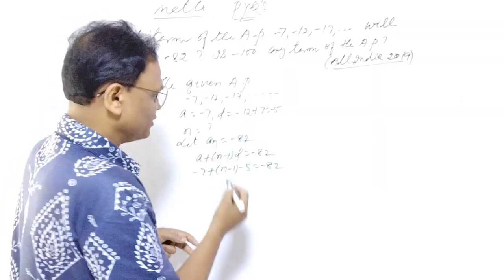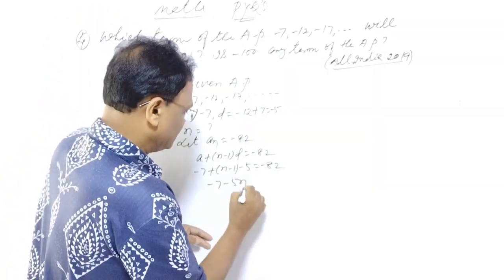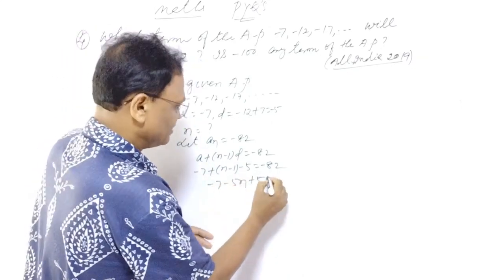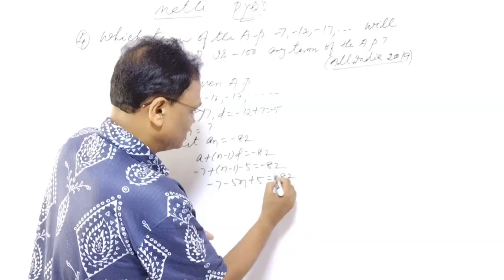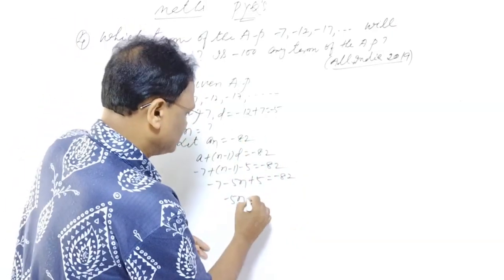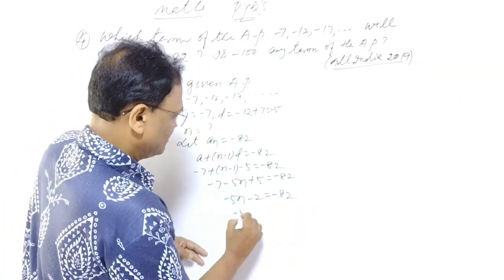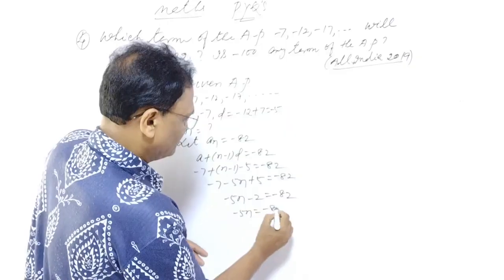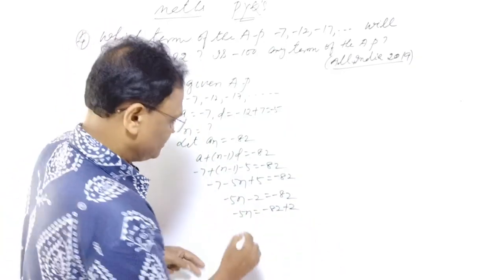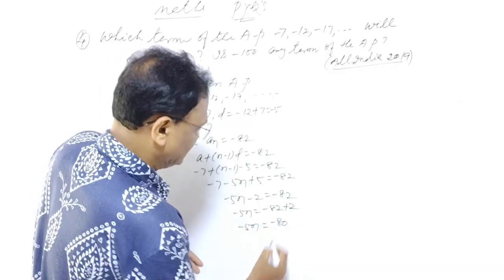Now simplify. Minus 7 minus 5n plus 5 equals minus 82, or minus 5n minus 2 equals minus 82, or minus 5n equals minus 82 plus 2, which is minus 80.